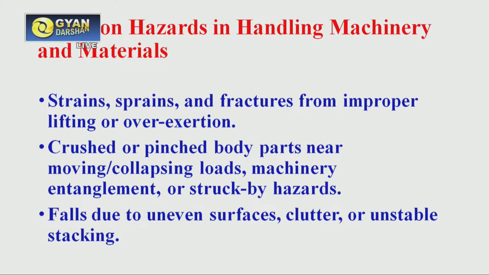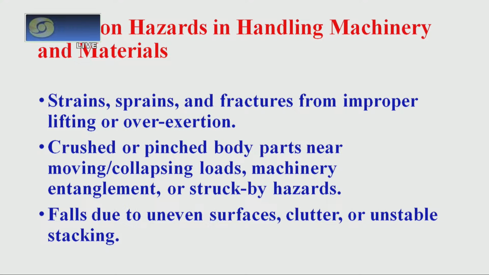So how will this happen? This may be because of a wrong assessment of the load, of how heavy the load is. If there is a wrong assessment of the load, then there may be sprain in the body of that worker. If we are dealing with faulty equipment, then there may be an accident, an injury, or a fracture because of that faulty equipment.